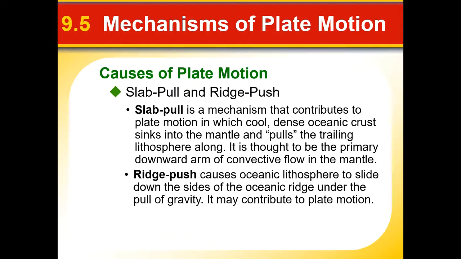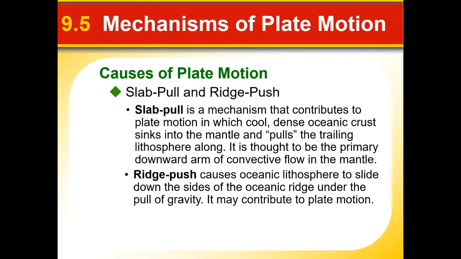Then one of the evidences is slab pull and ridge push. Slab pull is the mechanism that contributes to plate motion in which the cool, dense oceanic material is pulled by the mantle, towards the mantle.